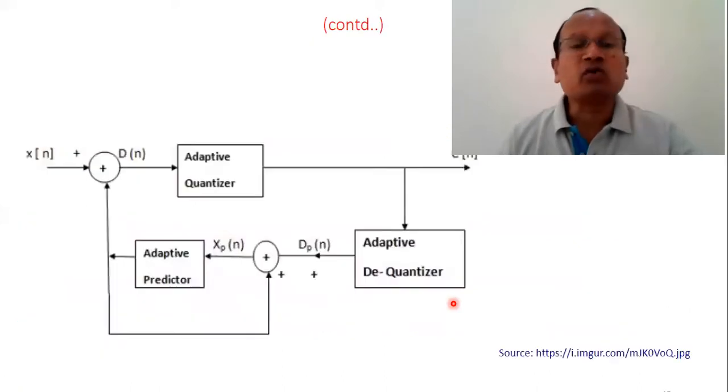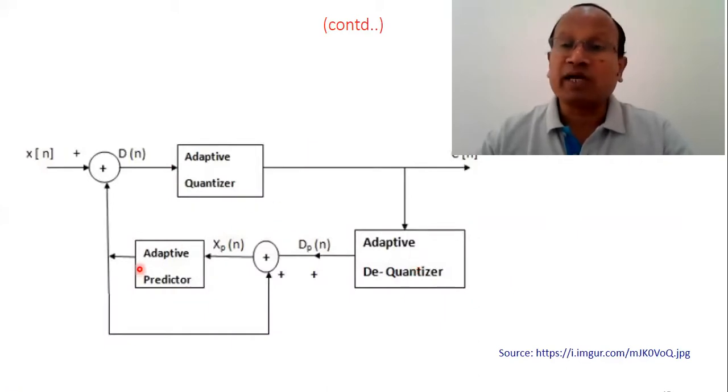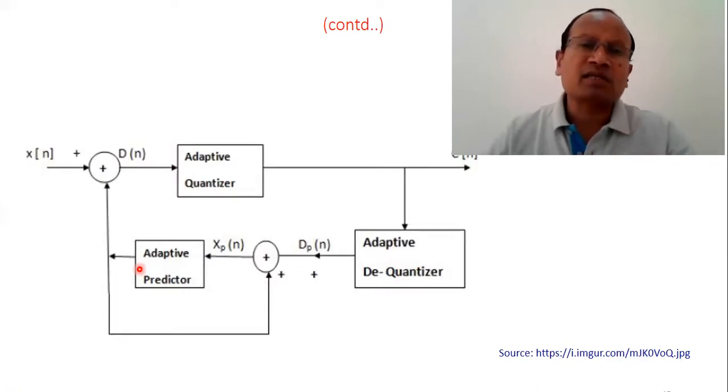Therefore, you can see in this block diagram that this is an adaptive quantizer, adaptive dequantizer, and adaptive predictor. So the essential components used in ADPCM become adaptive, and this is why it can handle the varying input, the dynamic nature of the input.